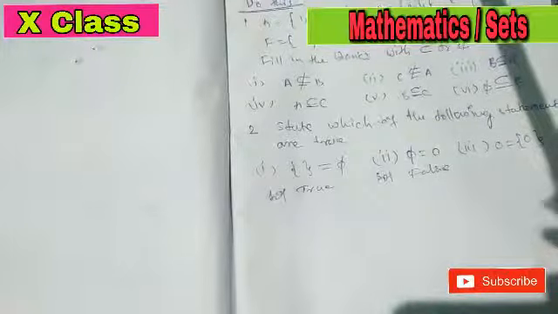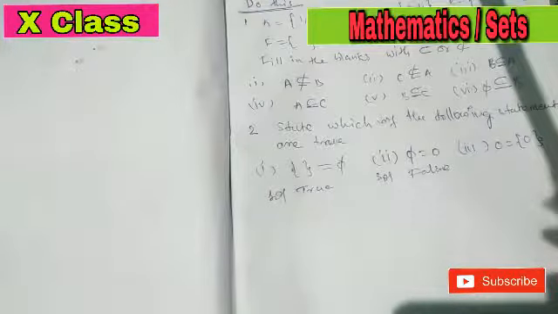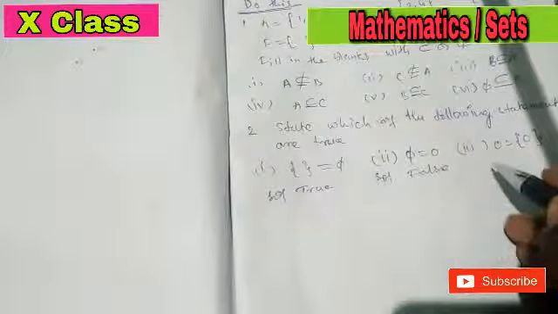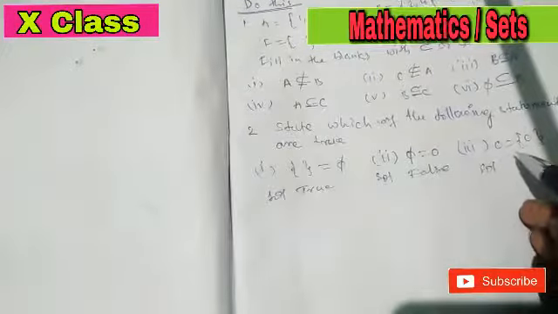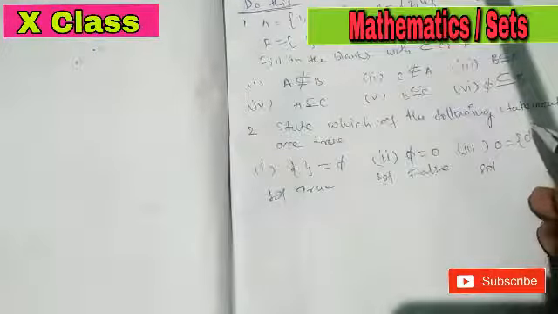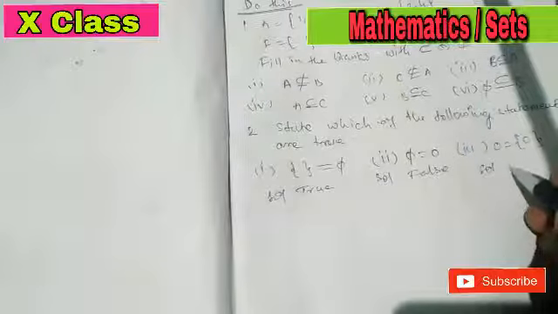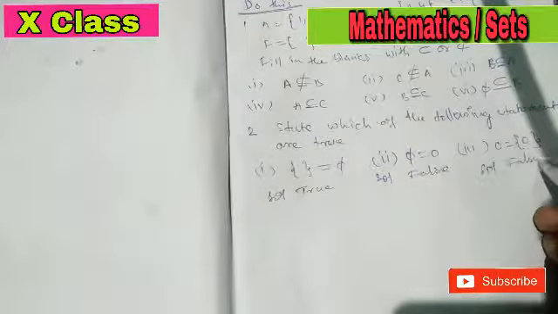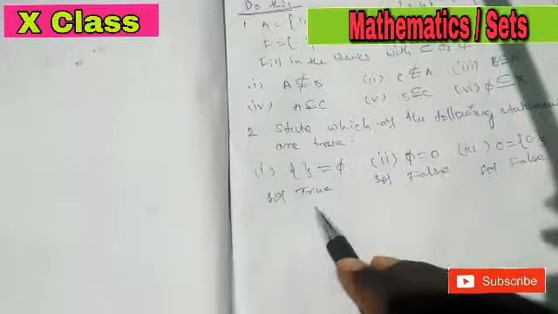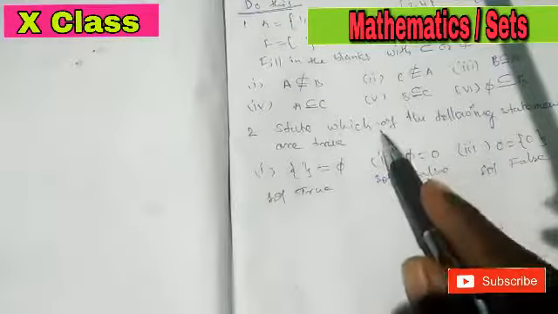Understood? Why? Because phi is not equal to 0. Third one, 0 is equal to a set containing 0 elements. 0 elements means it should have a 0, so it is also false. So only the first one is true. This is the true statement.